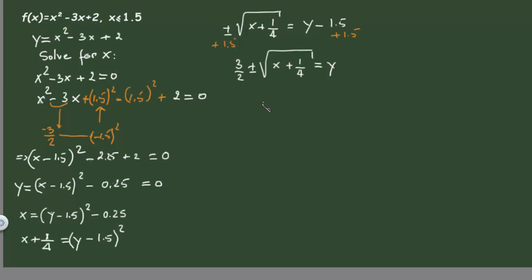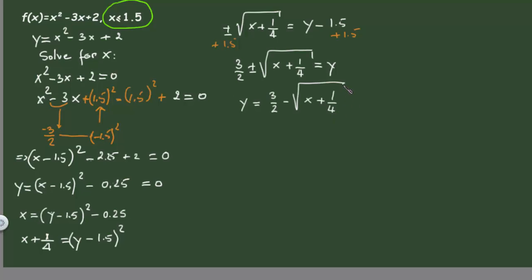Now we remember we had a condition from the very beginning, so we said that x should be less than or equal to 1.5. So we're going to take the negative one. These are two solutions to our equation, so we're going to take the one with minus. So our inverse function is y equals 1.5 minus the square root of x plus 1/4.